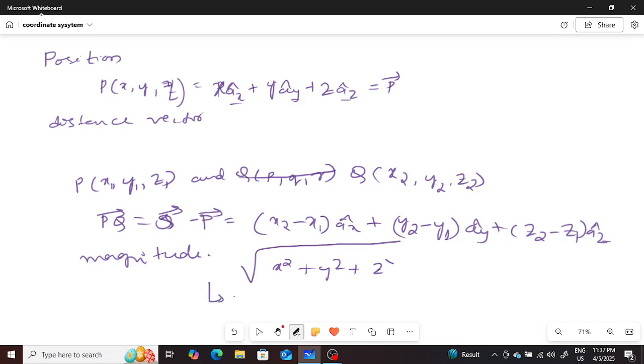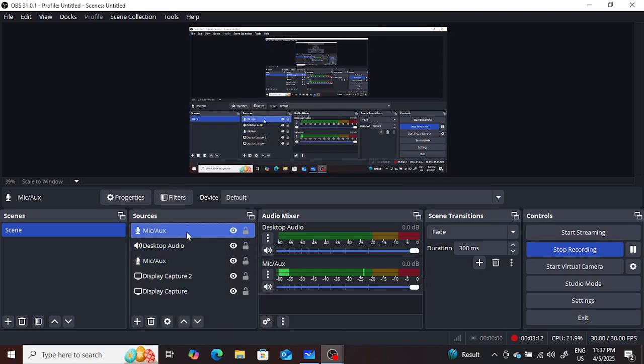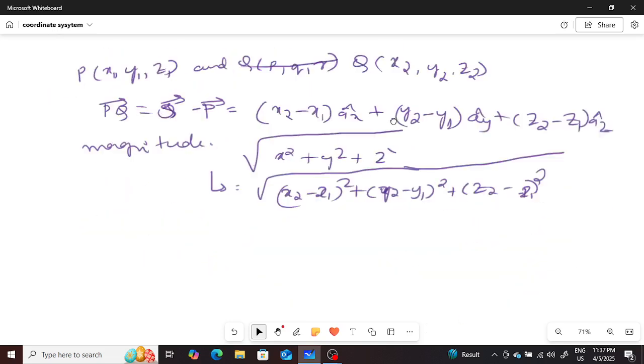In case of distance vector, it is the square root of (x2 minus x1) whole square plus (y2 minus y1) whole square plus (z2 minus z1) whole square, which is under root, right? So this much you have studied in the previous session.